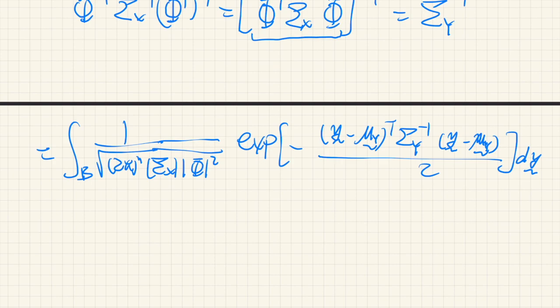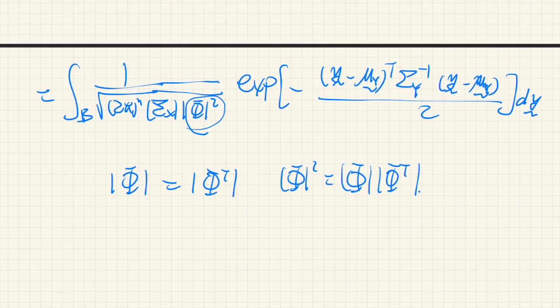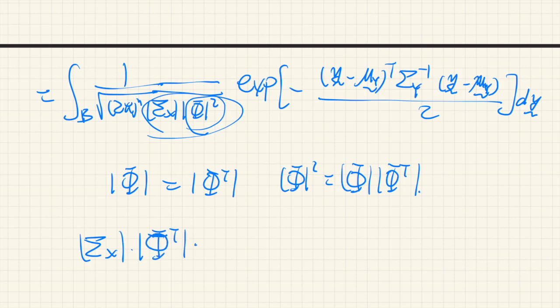And now consider this part. The determinant of phi is equal to the determinant of phi transpose. So let's put this square into the product of the determinant of phi times the determinant of phi transpose. So this part is equal to sigma x determinant and phi transpose times phi, all determinants.